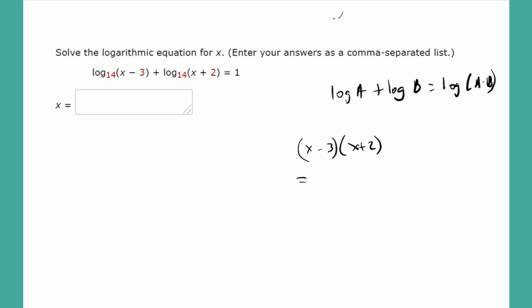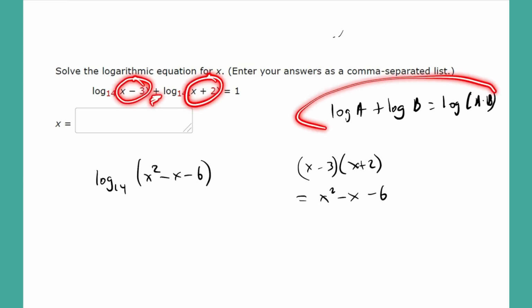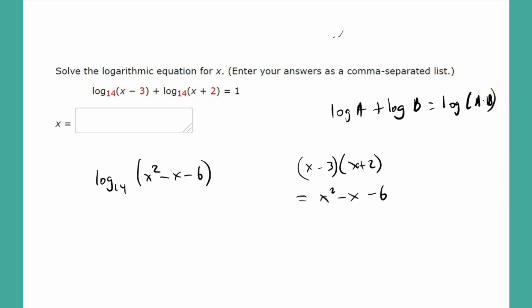Well, if you multiply that out, you're going to get x squared minus x minus 6. So this equation becomes log base 14 of exactly that, x squared minus x minus 6. And that, once again, is because we multiplied this times this because of the addition sign, which means that we were able to use this law of logarithms. And that is equal to 1.